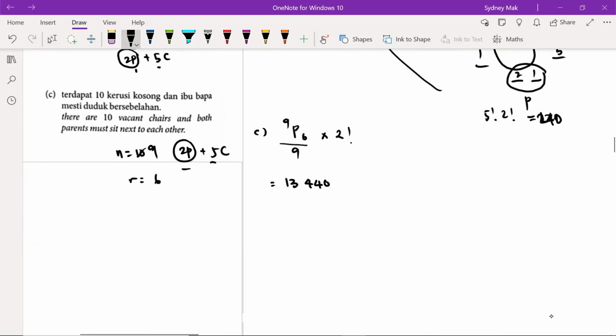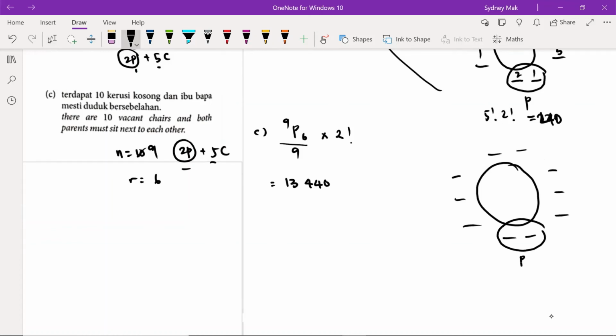Let's use that. We have 10 empty seats, so 1, 2, 3, 4, 5, 6, 7, 8, 9, 10. Now the parents must sit in. And then we have 1, 2, 3, 4, 5, 6, 7, 8, so 8 chairs. And these 8 chairs are for 5 children.